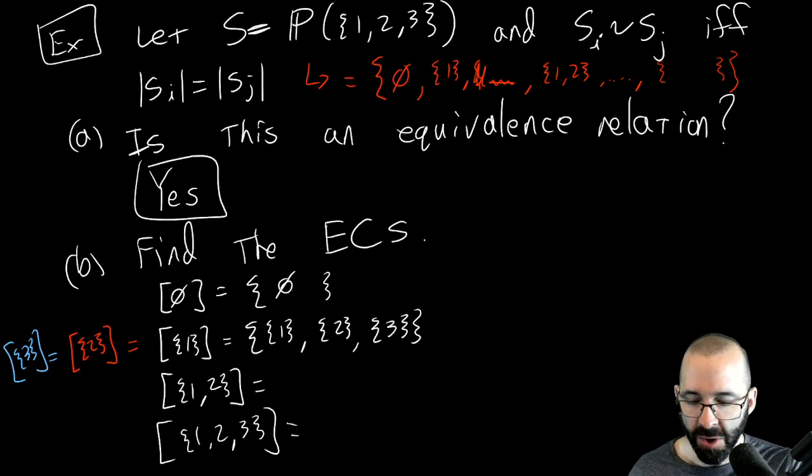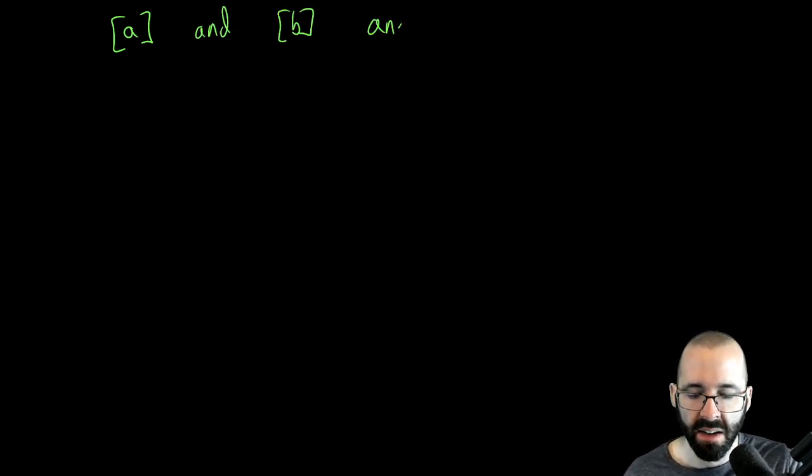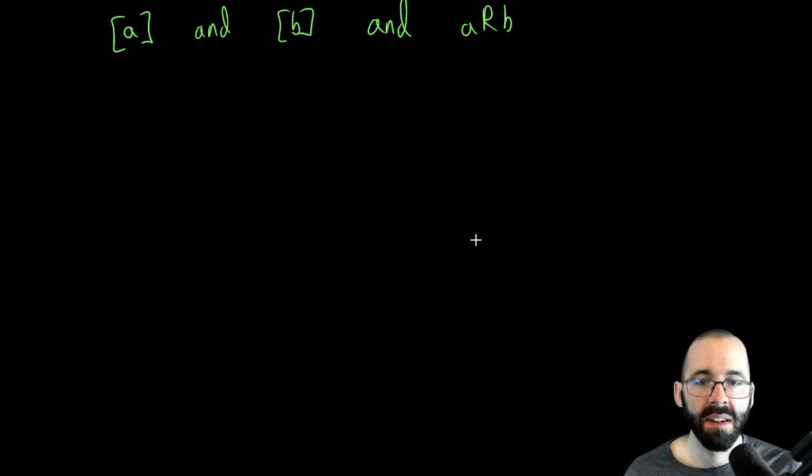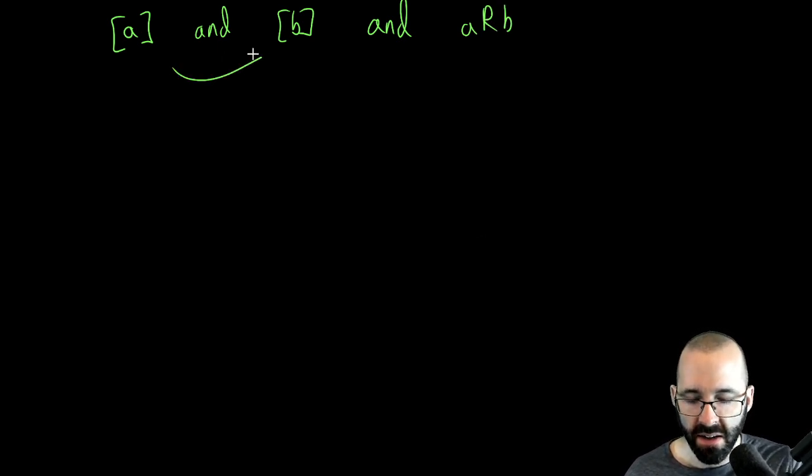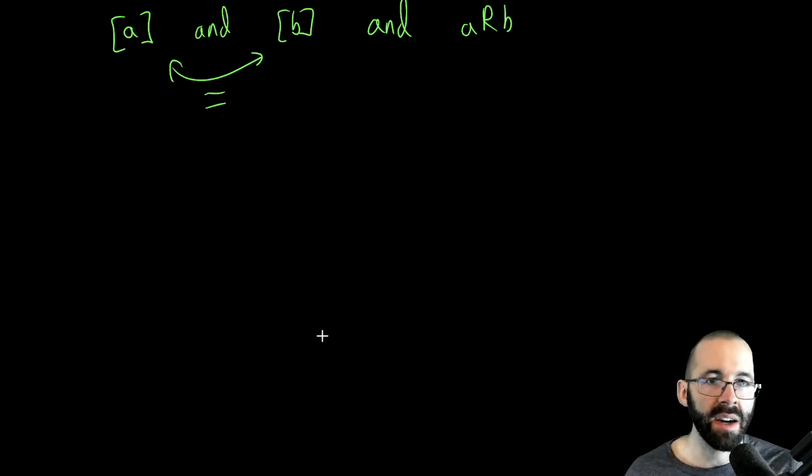Okay. So just the last point to summarize, right, is if you have an equivalence class, let's say you have 2 equivalence classes, and A is related to B, what does that mean? That means these 2 things are equal to each other. The same equivalence class, right?